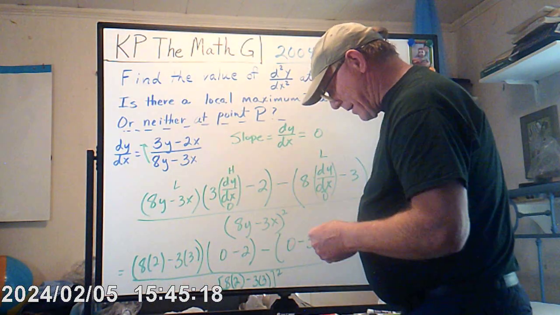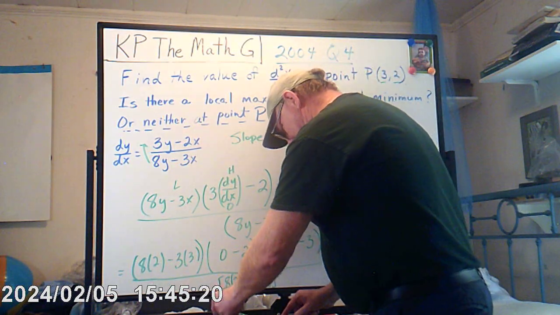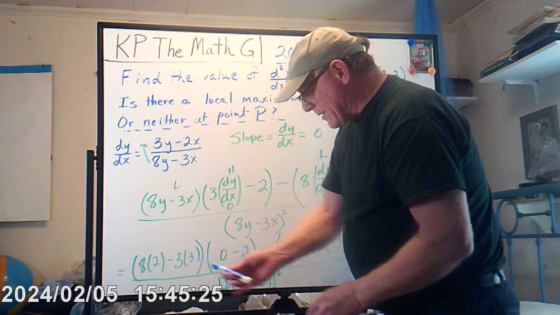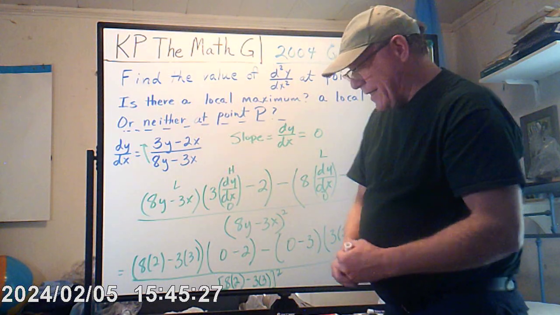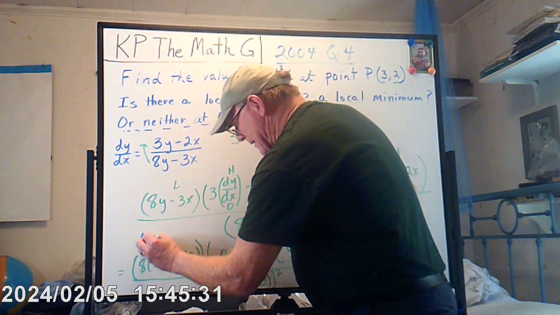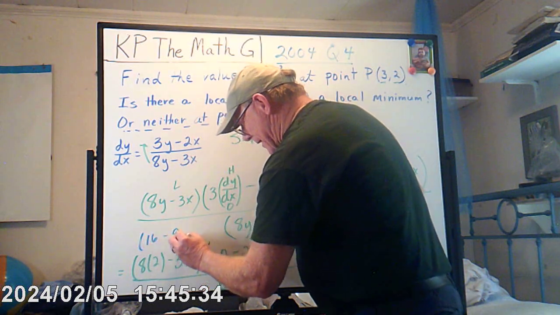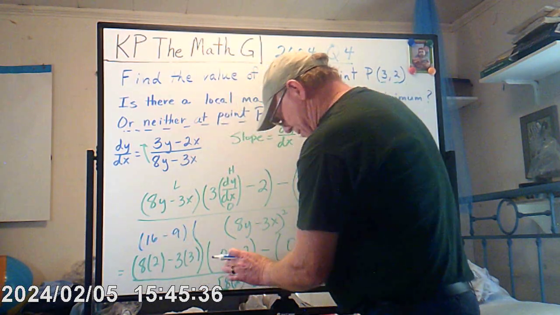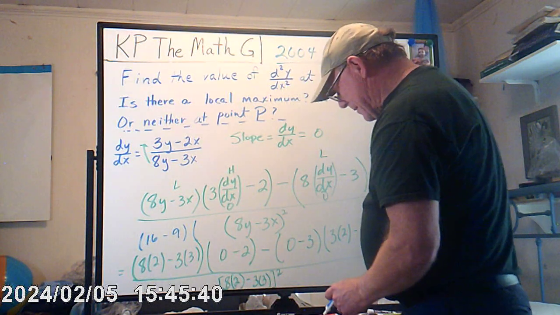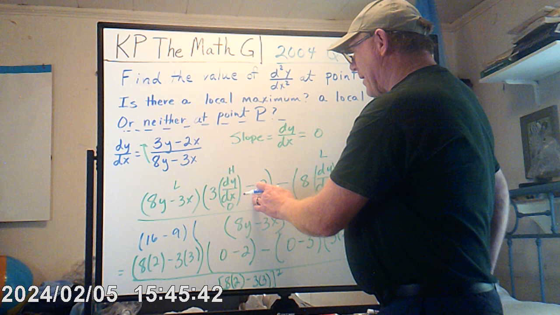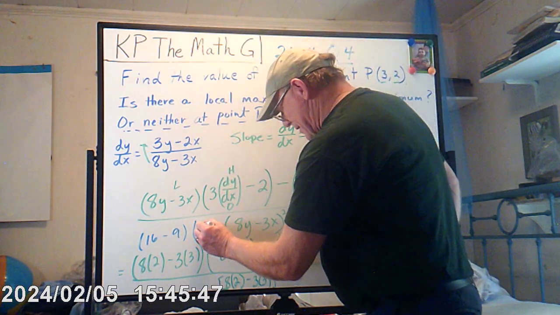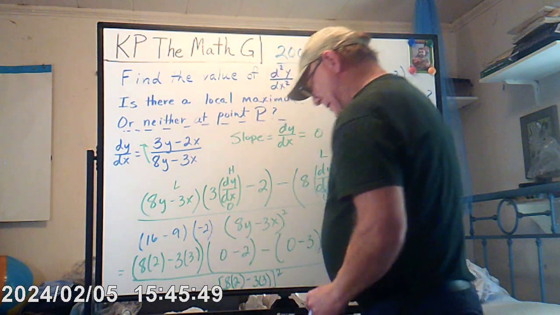Let's get a different color so we can distinguish these. 8 times 2 is 16. So 16 minus 9 here. So we have 16 minus 9 times 0 minus 2. I do have that minus 2, yeah, that's right. So this is negative 2 here.